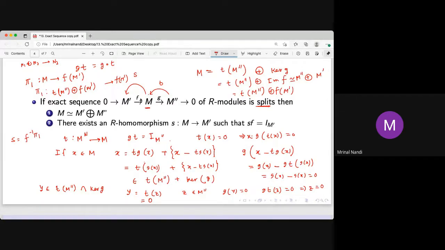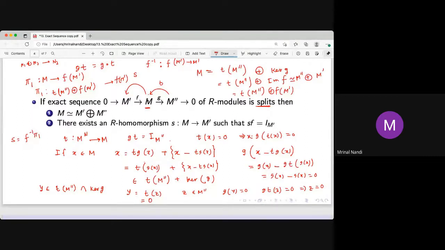F may not be surjective, so F inverse may not exist, but if you restrict the inverse map onto F M dash, then obviously this inverse exists. F inverse is not from M to M dash, it is actually from F M dash to M dash, because F M dash is the whole range of F. So take the inverse of that.